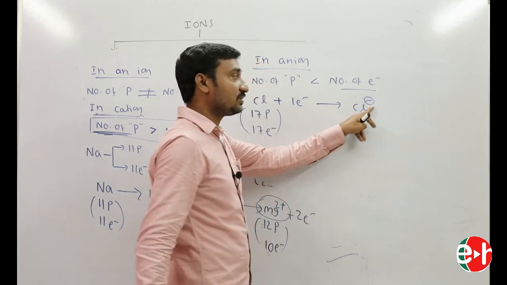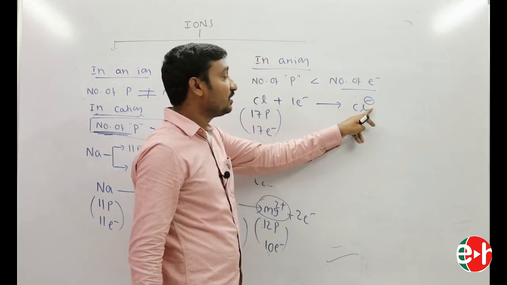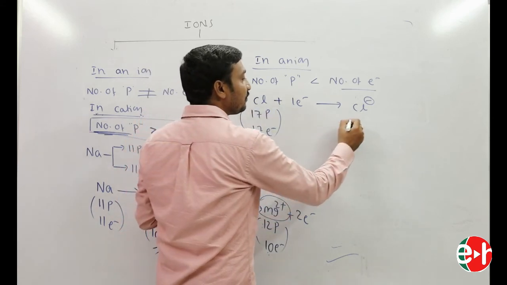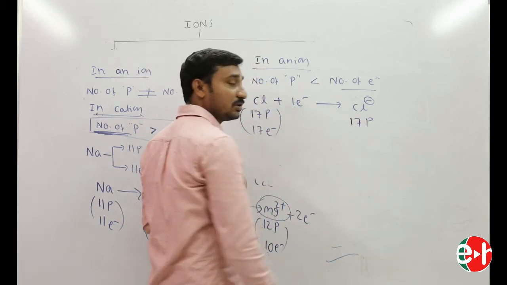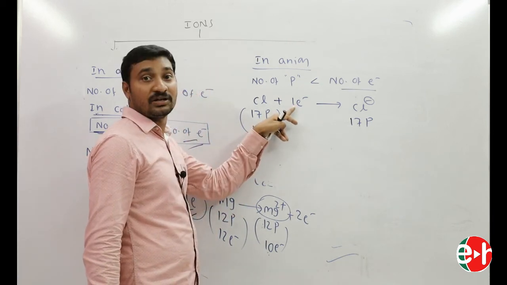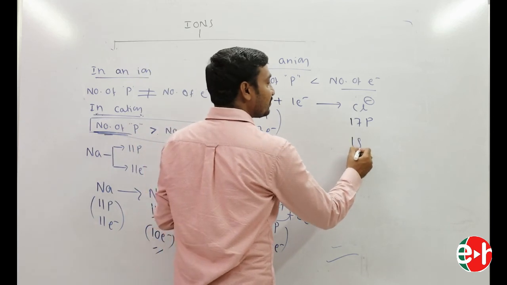Why is 1 negative charge formed? Because it gained 1 electron. Now tell me, there is no change in protons. 17 protons, no change. So 17 electrons plus 1 electron, total 18 electrons.